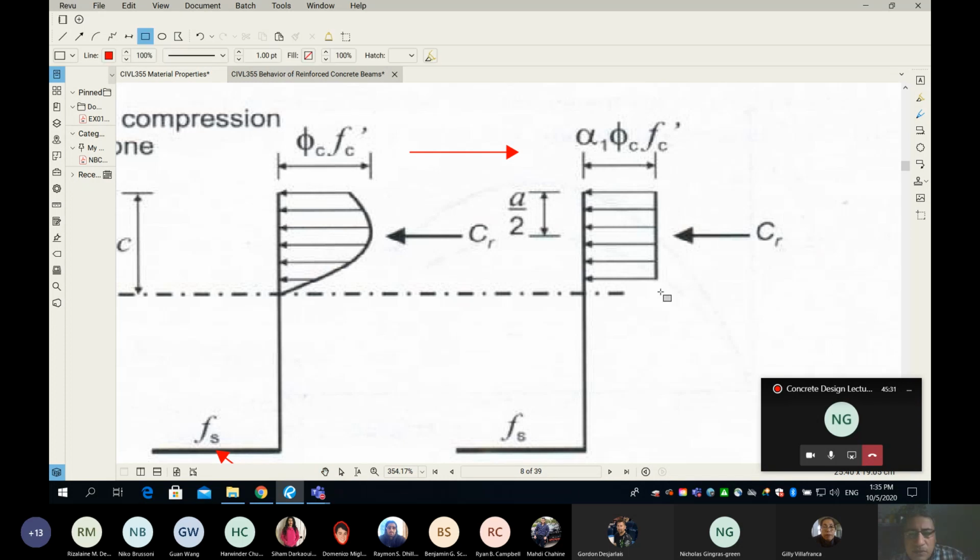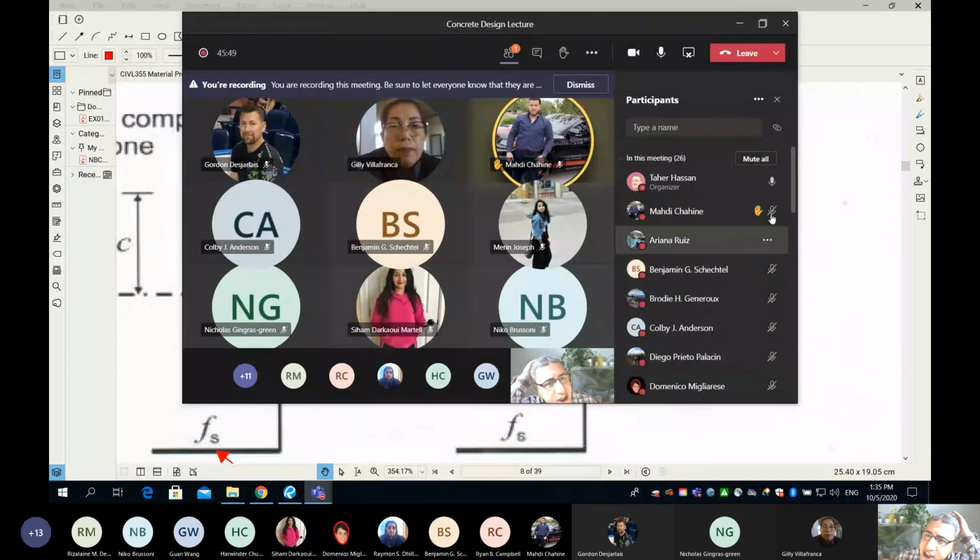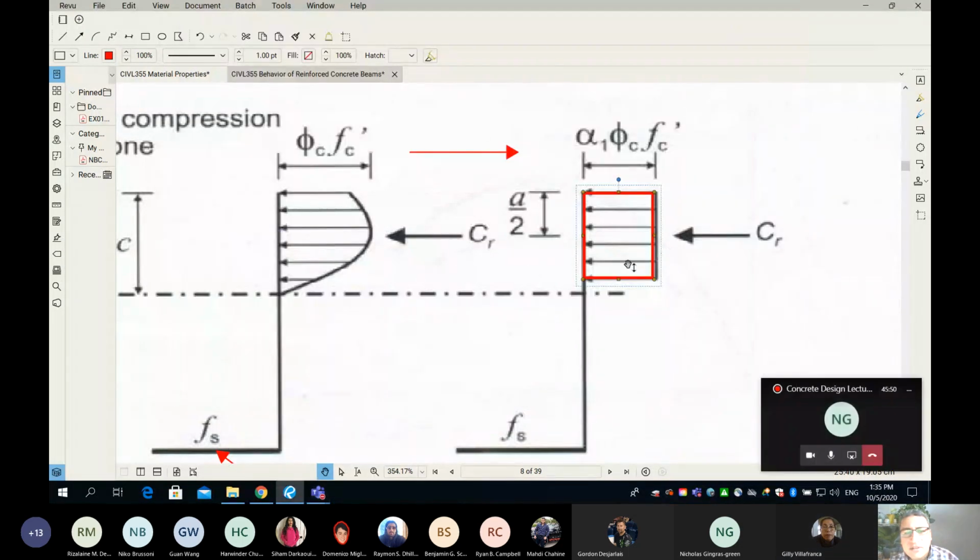So where is the rectangular shape? It's here. This here is a rectangular shape. Now, let me ask you one more time: for a rectangular shape, can we find the area and the centroid easily, or is it difficult? It's easy. Very, very easy. And that's exactly the advantage of this transformation.